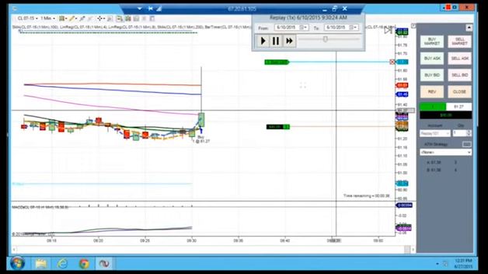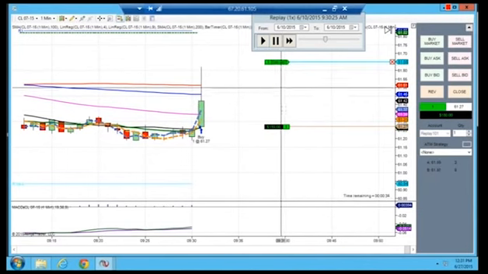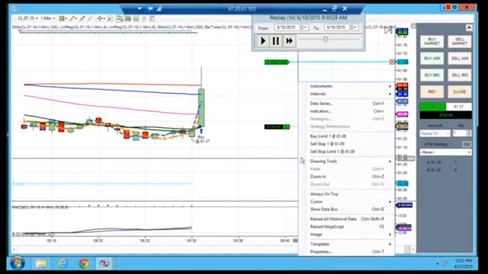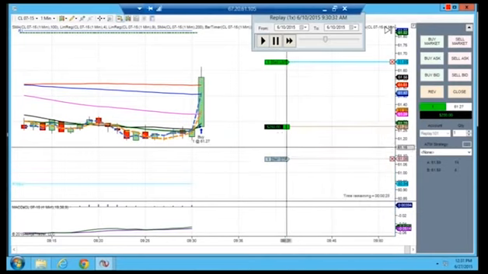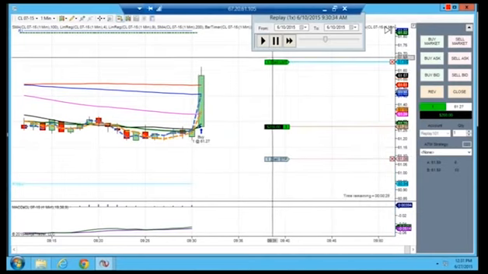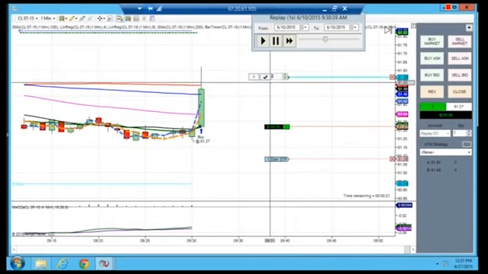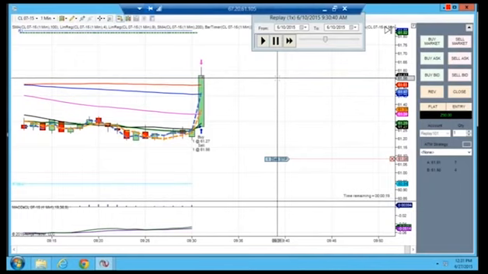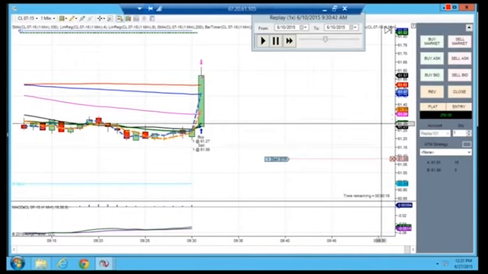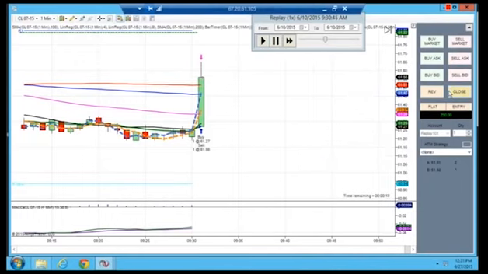Order canceled. So now we have a sell limit, but no stop. So I'm going to put a stop right over here. Sell stop 1. Order pending. Now I'm going to left-click here with my profit target and try to get out of the trade. Let's see. Order filled. And I do. Now I canceled the other order.